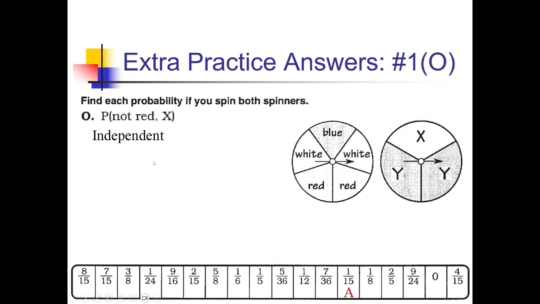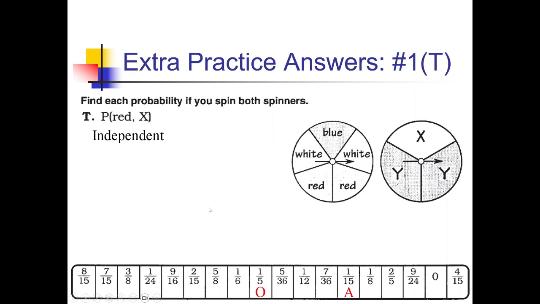For problem O, we're asking for the probability of not red and X. Not red would be everything except for these 2 reds, so there's 3 not reds, 3/5 probability there. And X is again a probability of 1 over 3. So we've got 3 over 15, which I can reduce to 1/5. So 1/5 is O.